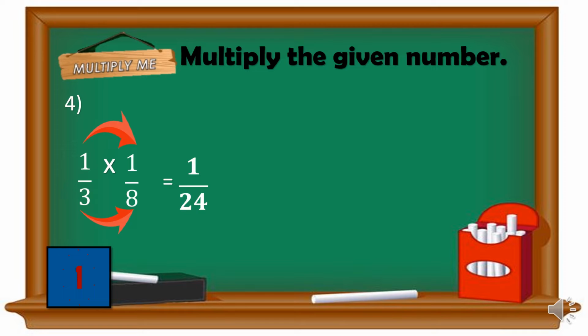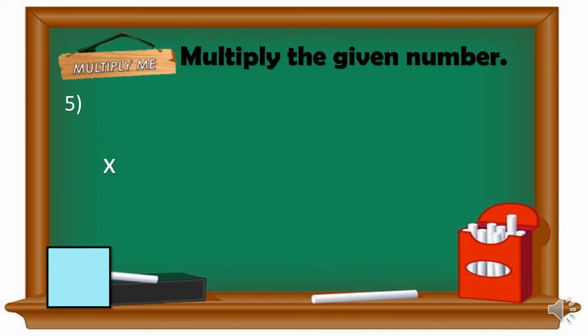How do we get this answer? We have 1 times 1, we have 1. And then 3 times 8 is 24. If the numerator is 1, that is already simplified. So that is the answer, 1 over 24.